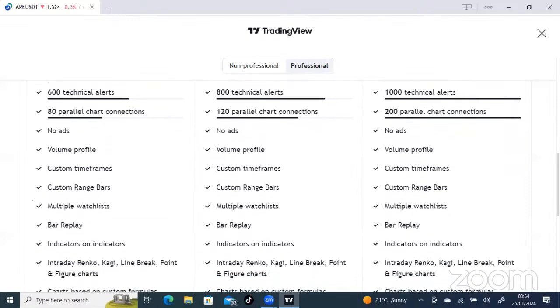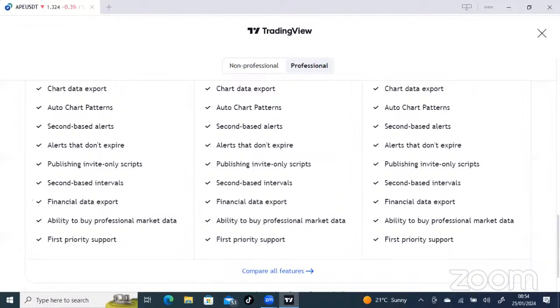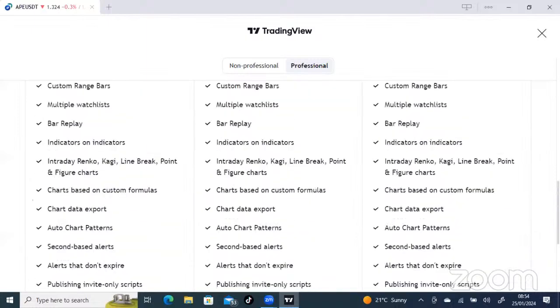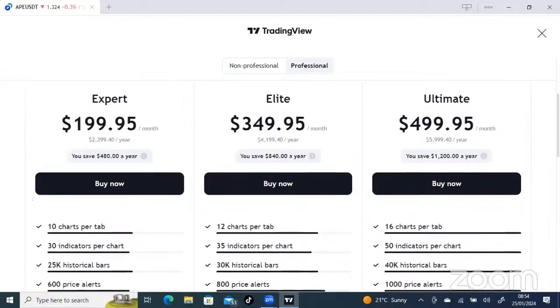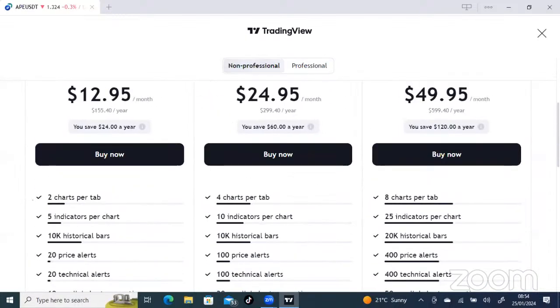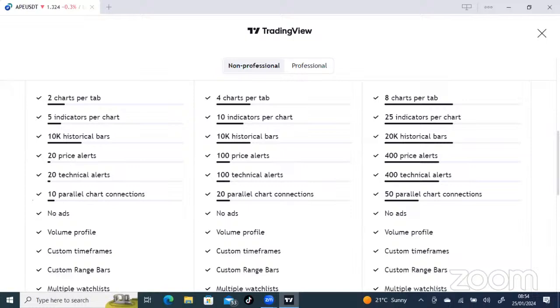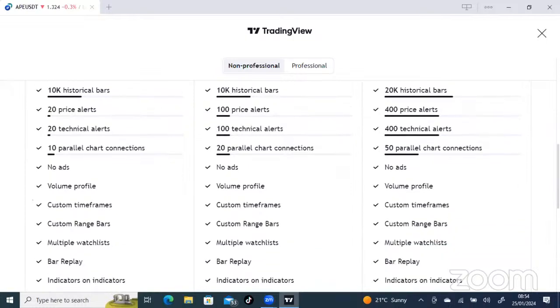But there are more. I cannot call that money for what? Even I'm not using one for pay. This is enough. 5 indicators per chart, 10 historical bars, 20 price chart alerts, 10 technical alerts. These are enough. Volume profile. This is okay.